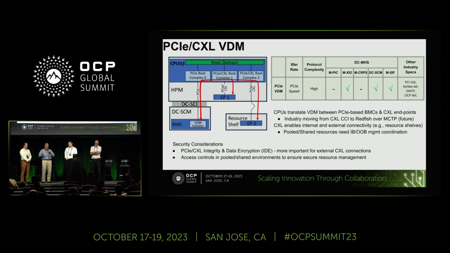If it's being sourced from the processor, from the BMC, or some other entity that's talking, you may have several of these trying to communicate with a shared resource. So this is going to lead us to having to work on access control and adding access control capabilities to the VDM when we start getting to this shared infrastructure. This is an area we have to keep a close eye on, wherever we have the data path for PCI Express and CXL.